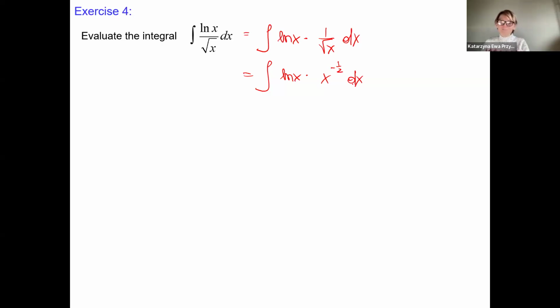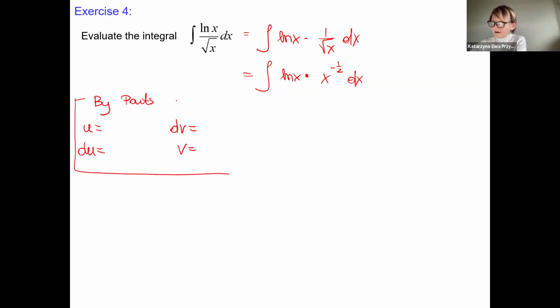That's the important difference. Now we see the product. We may try integration by parts because we don't have any other options. We choose u and dv, we will calculate du and we will recover v.